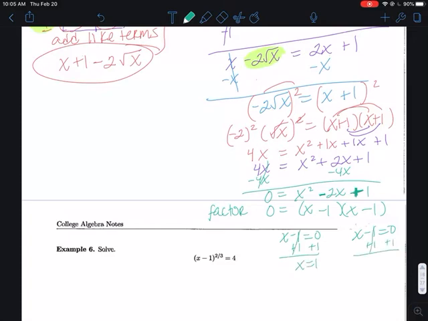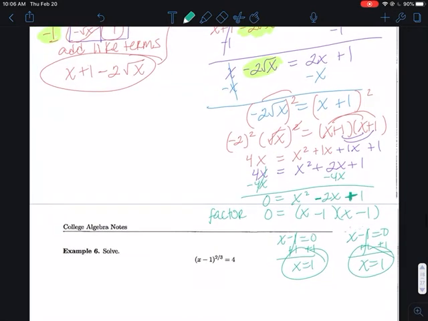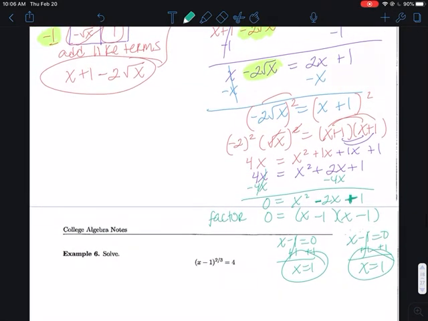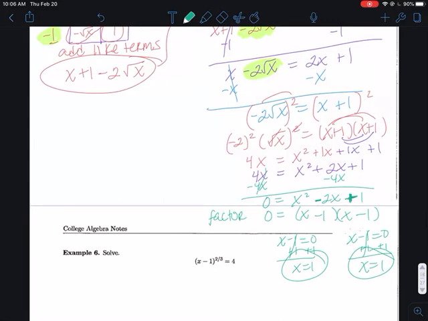Same thing here, x equals 1. So you only have one solution, which is x equals 1, but you need to check it to make sure that this solution is acceptable. Make sure it's not extraneous. So I have to go all the way back to the top and check x equals 1.